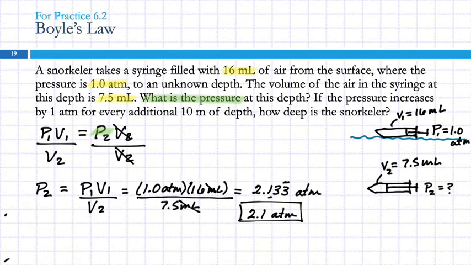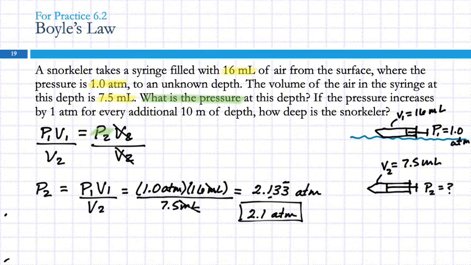The next question is trickier. So the pressure increases by 1 atmosphere for every additional 10 meters of depth. So this is at 2.1 atmospheres. It started out at 1.